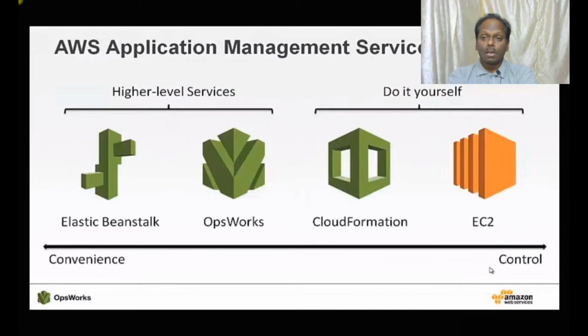Whenever you come to Beanstalk, many services are automated. Users can also manage with the help of the code which is deployed. But in OpsWorks, which is very similar, you can deploy the code, you can also launch the instance, you can also give a link from GitHub, and then it can be managed, controlled, and deployed.